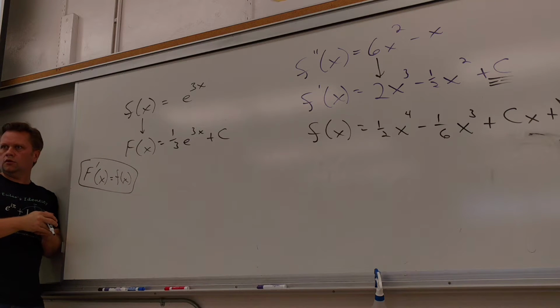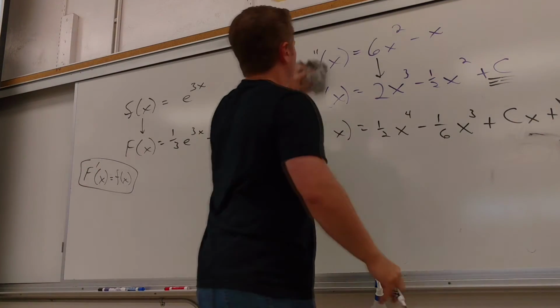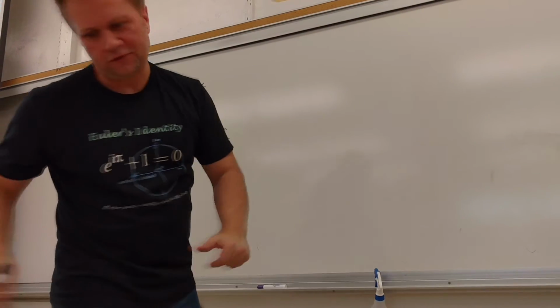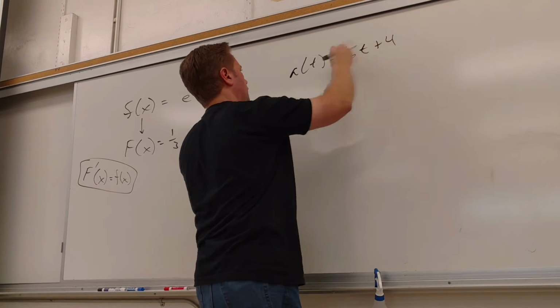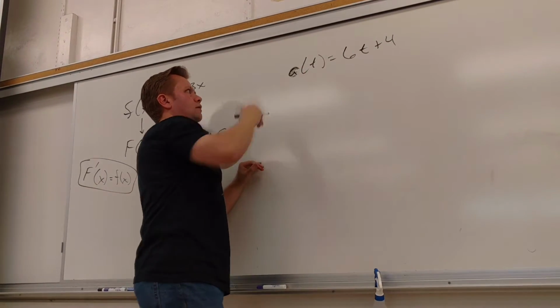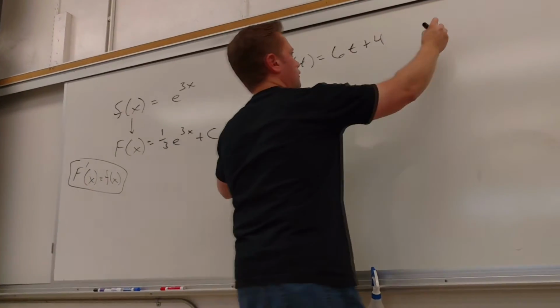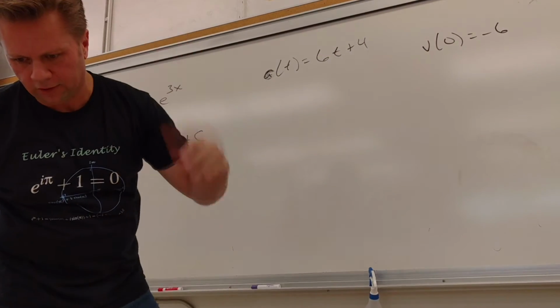Okay. So, what if I told you that you had a particle moving with this acceleration? And I tell you, the velocity at time 0 is -6. We won't worry about units right now.